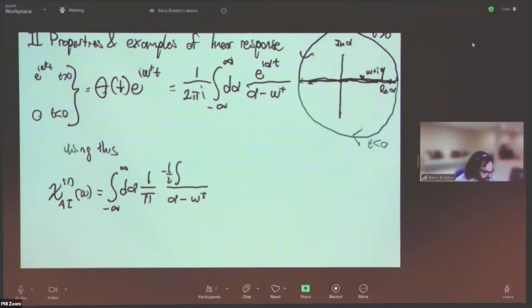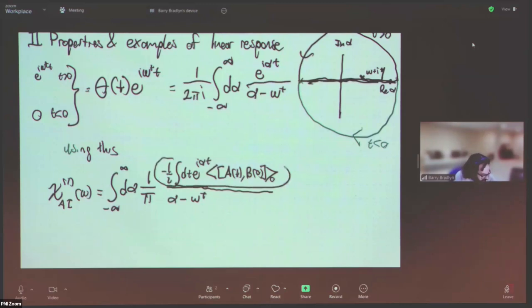And then we get an integral dt e to the I alpha t. And we have our correlation function. And this combination that appears in the numerator here will define as a function chi double prime of alpha.